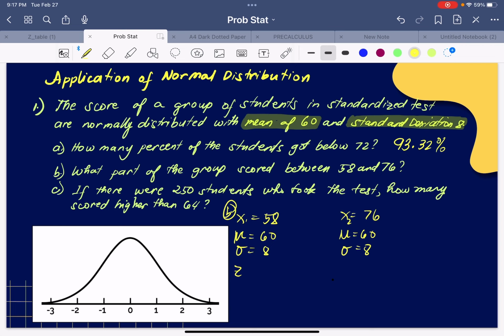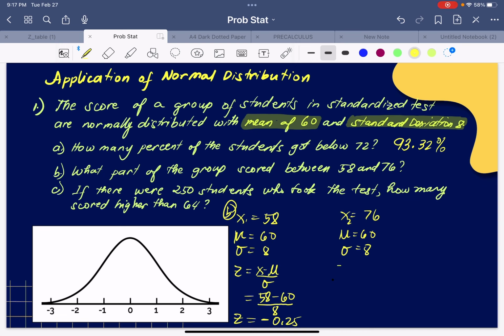So z is equal to x minus mean divided by the standard deviation. So we have 58 minus 60 divided by 8. So 58 minus 60, that is negative 2. Negative 2 over 8 is negative 0.25. So that is our first z value.